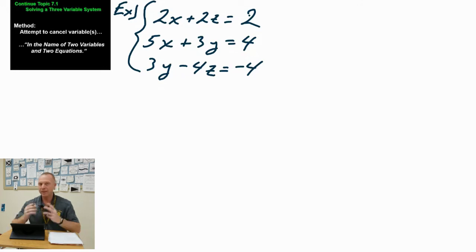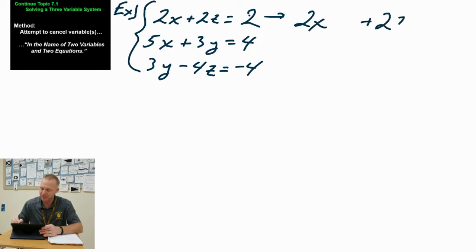Now the way that this system is formatted is meant to help you realize that each one of these equations is missing a variable. Sometimes it can be helpful to rewrite your system so that the missing variable has a blank space. For example, in this first equation, I'm missing the y, so I'm going to leave the y space blank.